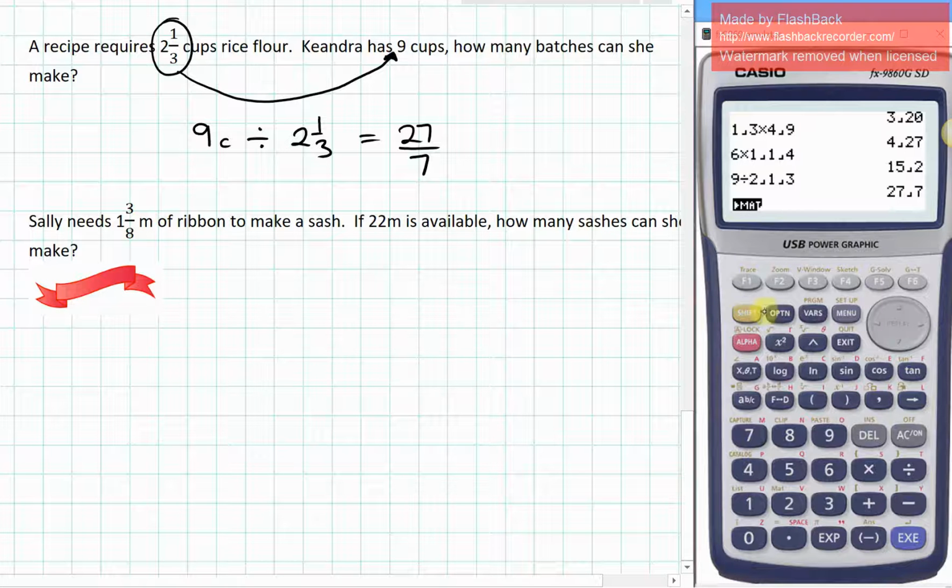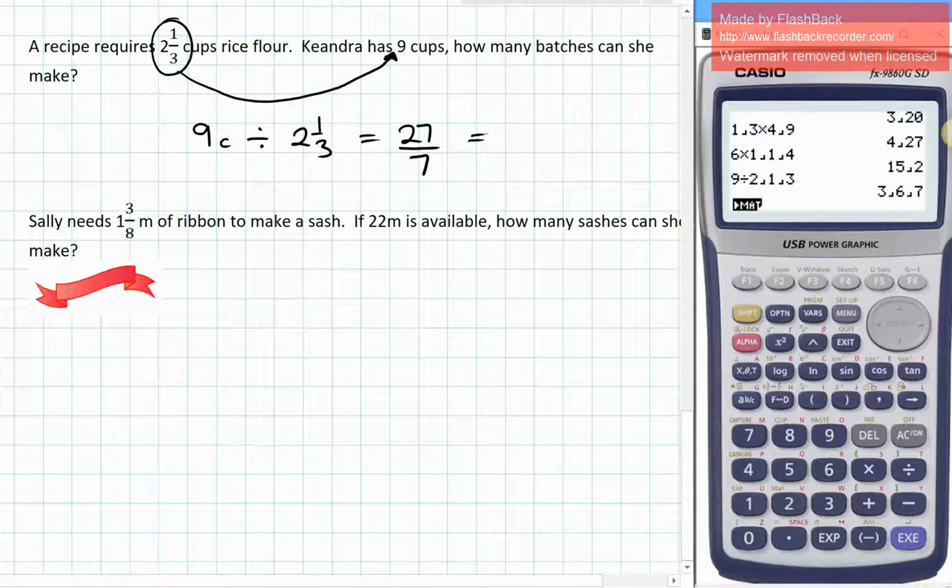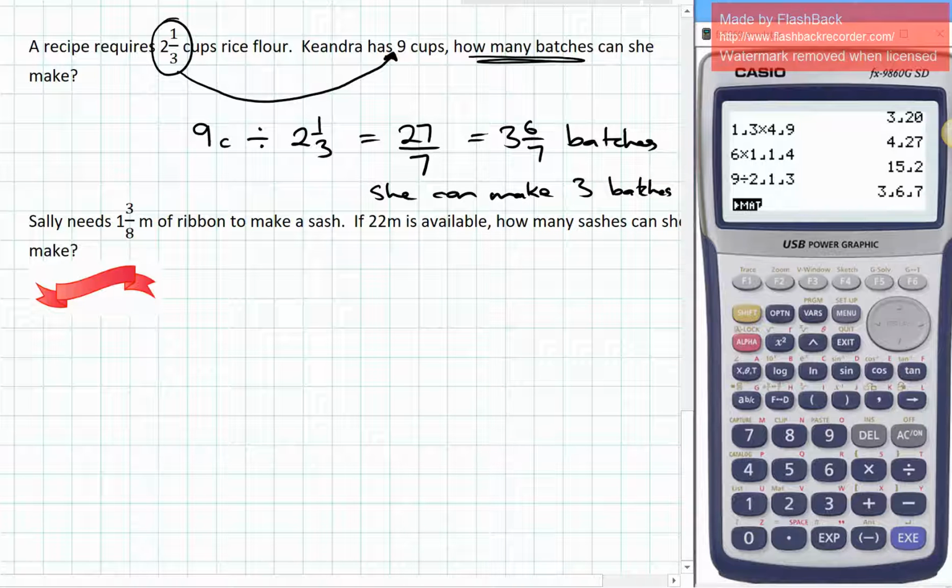And if I change that to a mixed number, so Shift FD, I get 3 6 sevenths. So remember, we're looking at how many batches. So she can make 3 whole batches. So she doesn't have enough for a 4th batch.